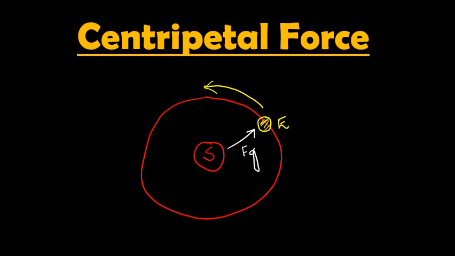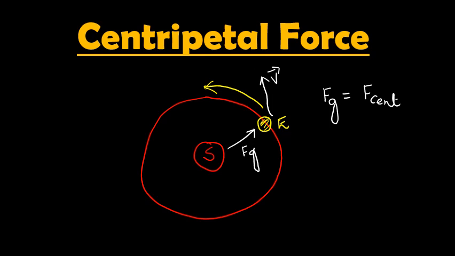So gravitational force Fg, gravity, is basically causing a centripetal force, and due to this the Earth will revolve, or orbit, around the sun.